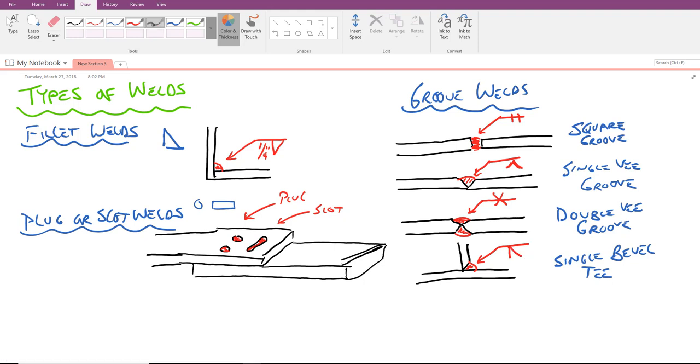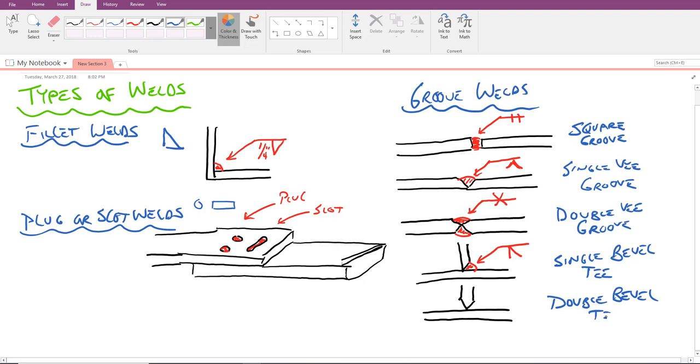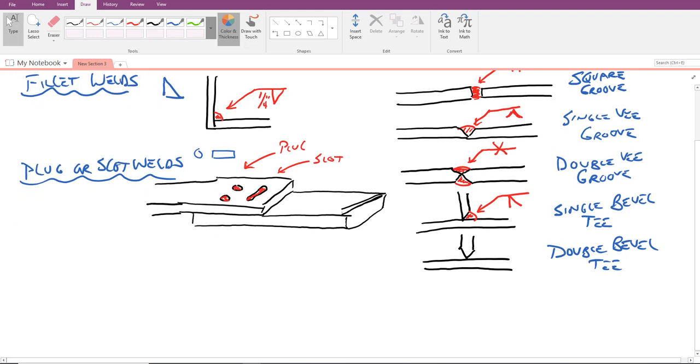We could also do a double bevel T. So here's our plate. Material comes down, forms a point. Raise the screen up just a little bit. And we're again filling in the welds on both sides. You see a symbol that's called out like this. It looks kind of like a K on there.